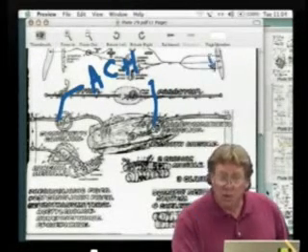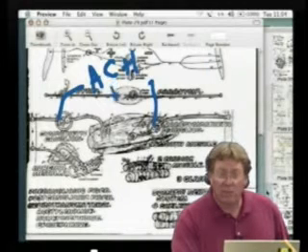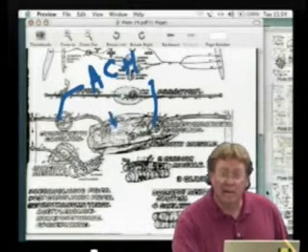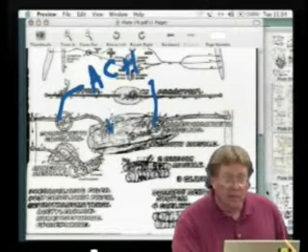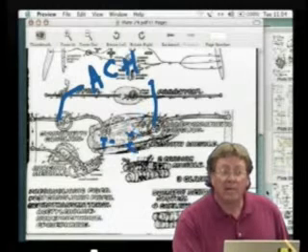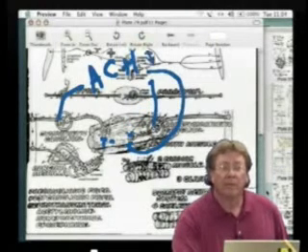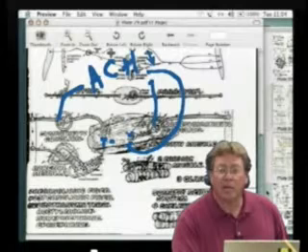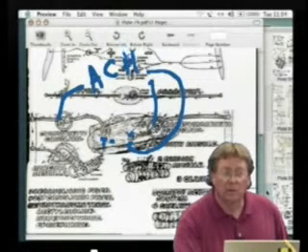The big distinction between sympathetic and parasympathetic is the postganglionic neurotransmitter. That is the neurotransmitter here and here. For the parasympathetic nervous system, the postganglionic neurotransmitter is acetylcholine.